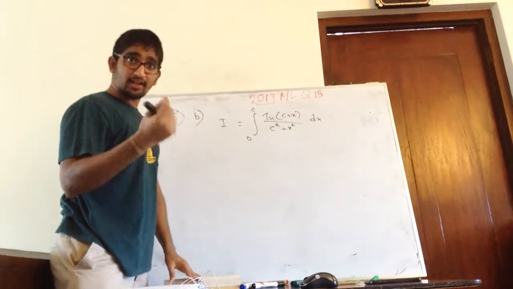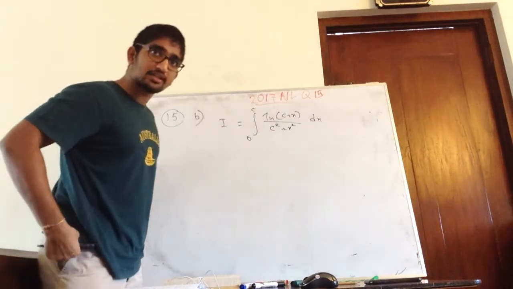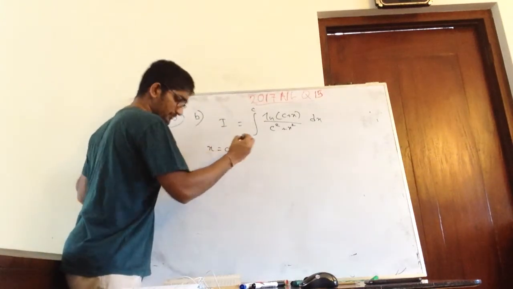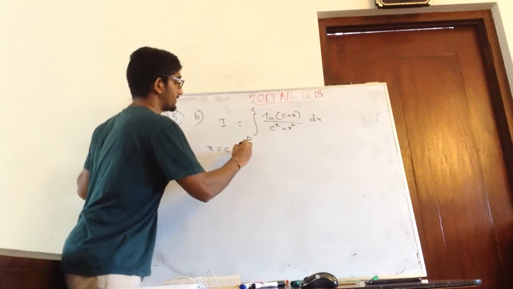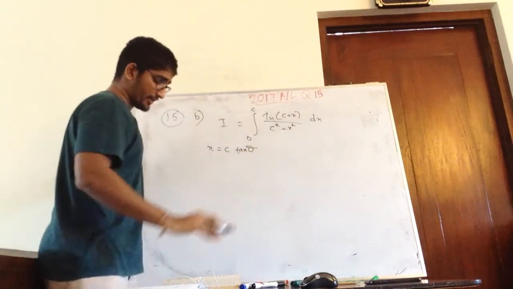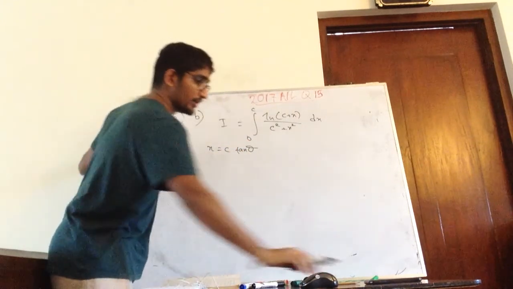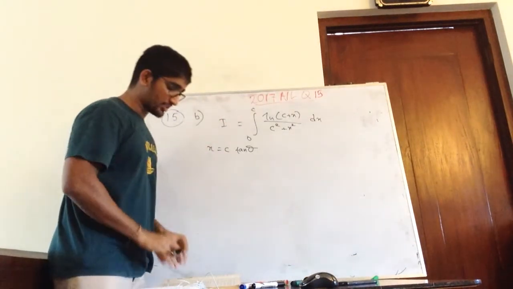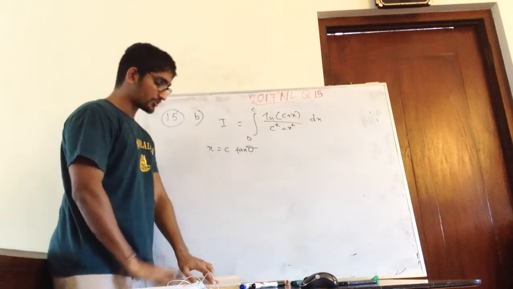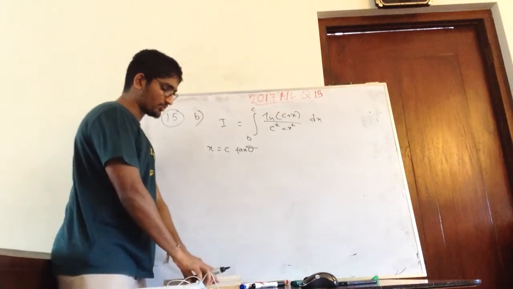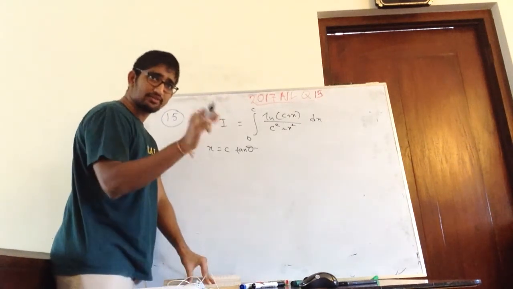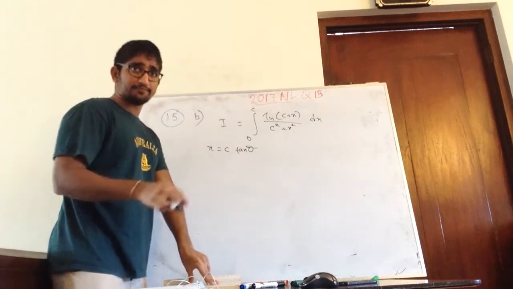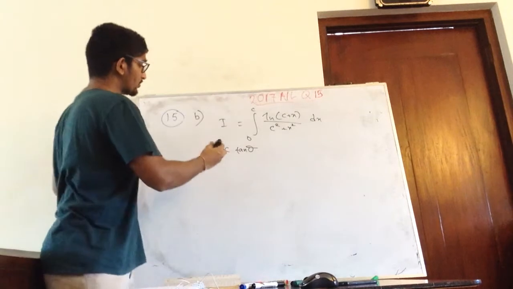Then they are giving us a substitution to use as well. The substitution is x equals C tan theta, correct? Then they are asking us to show that I equals the given statement. In that given statement there is another term called J as well, and that J is also defined. Right? So let's see now.